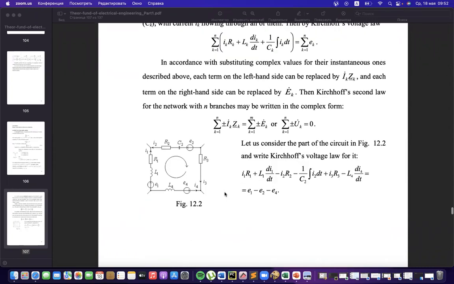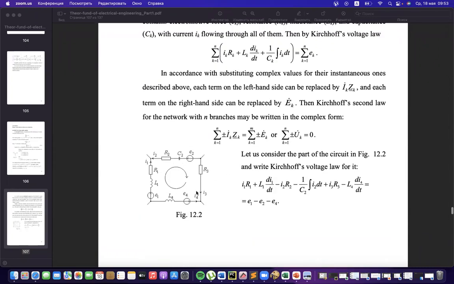The same for the voltage law. For any circuit, you could add all voltages inside it. Voltage will be in three forms. The first form will be for resistors. The second form will be for coils. The last form will be for capacitors. Three types of voltages. You add them all together and obtain the voltage of the electromotive force.